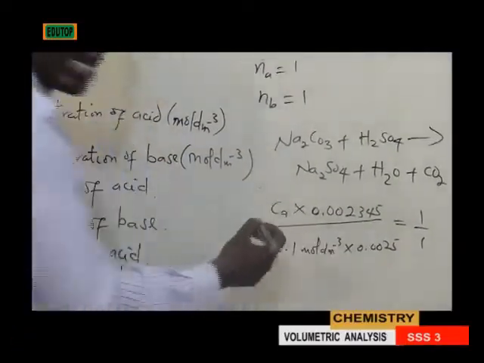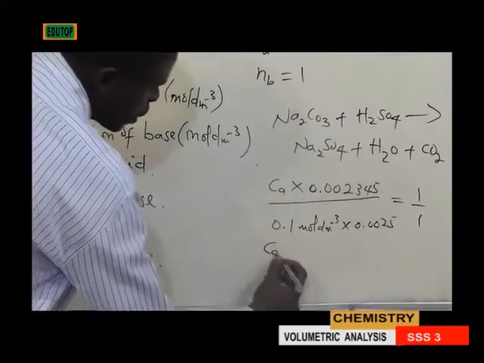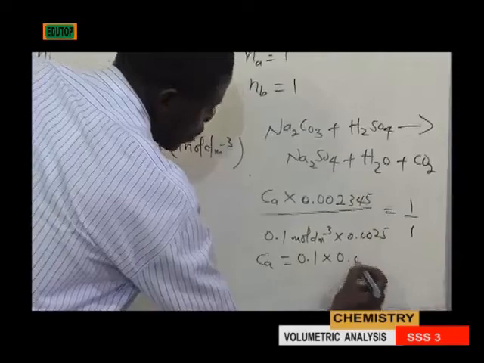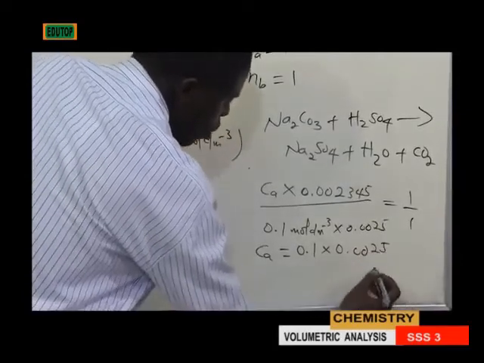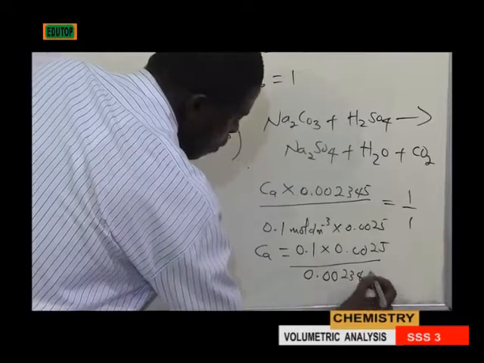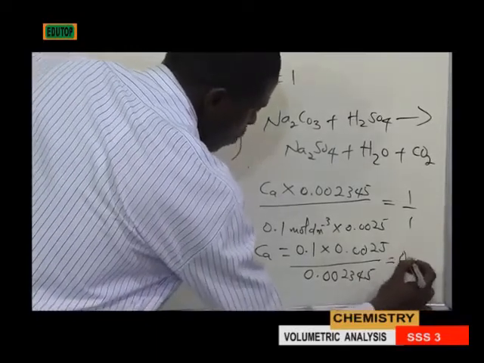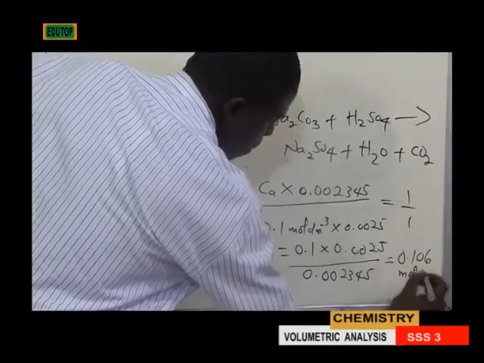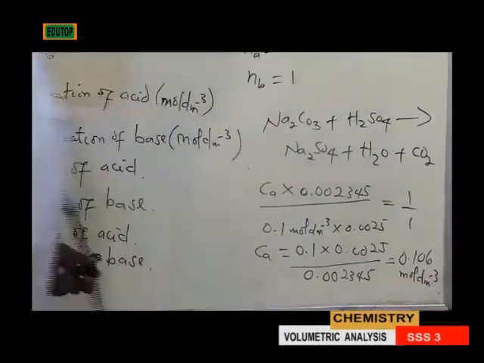If you make Ca the subject of the formula, Ca equals 0.1 times 0.0025 over 0.002345, which is equal to 0.106 mole per dm³.